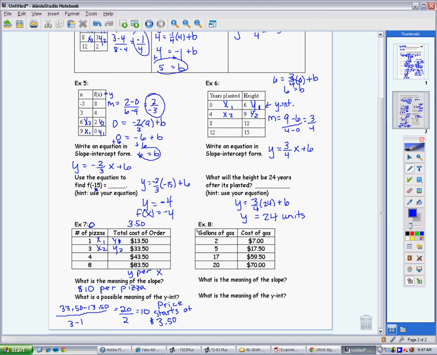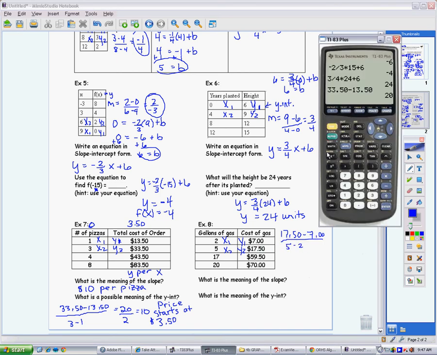Okay, number 8. I'm going to just label x1, y1, x2, y2. So that's going to make me have $17.50 minus $7 over 5 minus 2.